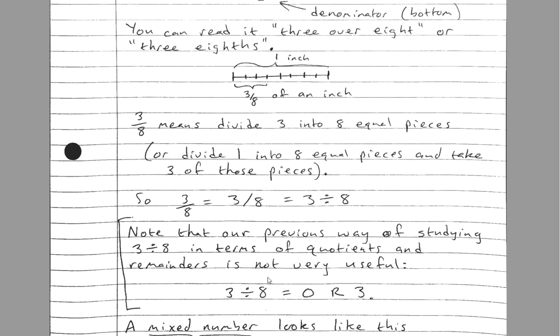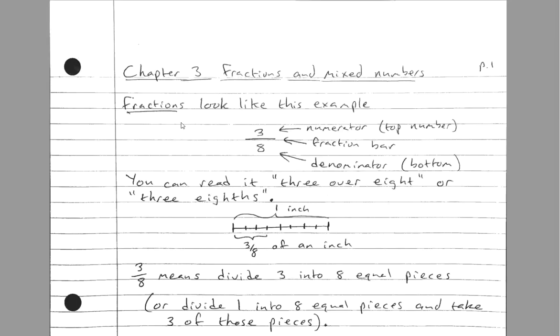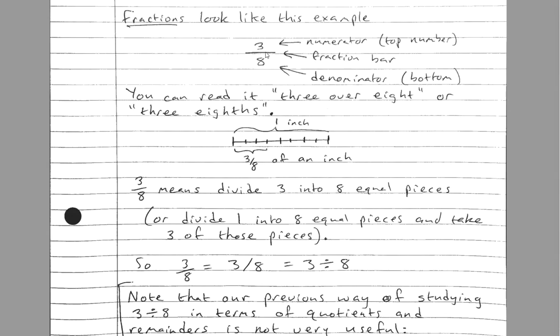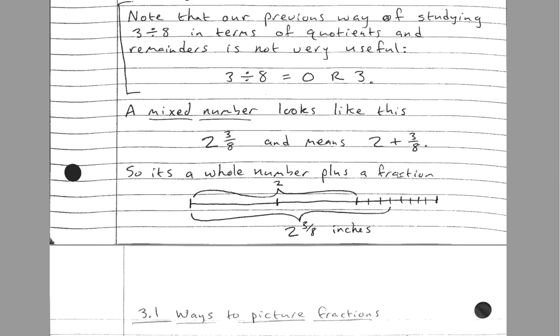But that's not a very helpful way to think about 3 divided by 8. We'll look at other ways to understand 3/8, but this is just introducing fractions. So numerator, don't forget that's the top number, denominator is the bottom number. And we're really talking about division. So this whole chapter is about division.